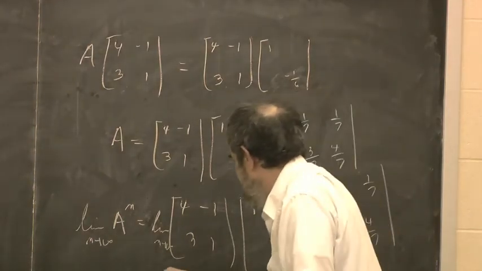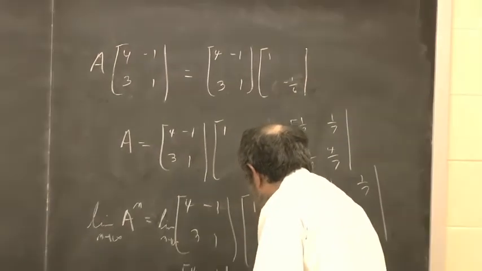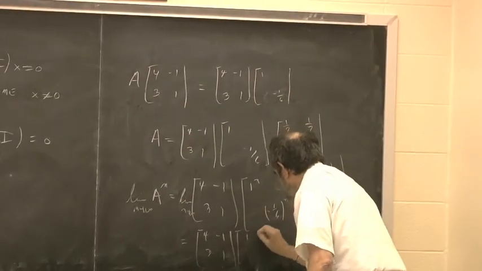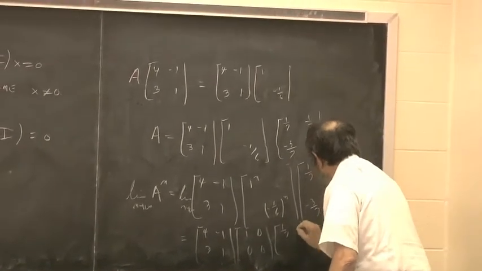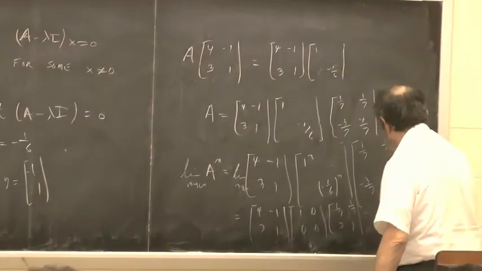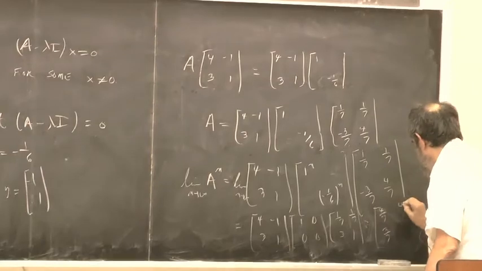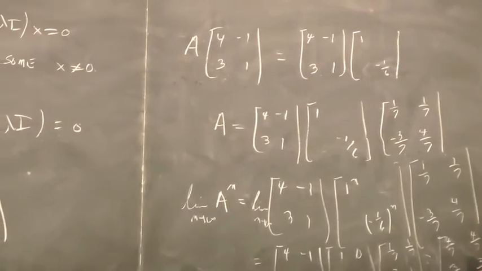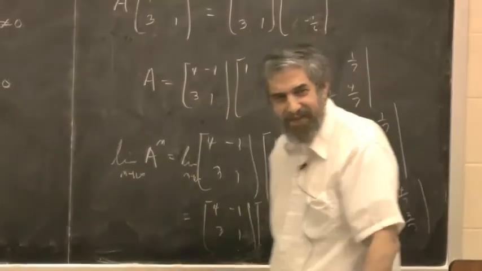So this is just going to be 4 minus 1, 3, 1 times 1, 0, 0, 0 times this inverse matrix here. And you can check if you want. This turns out to be the matrix 4/7, 3/7, 4/7, 3/7.